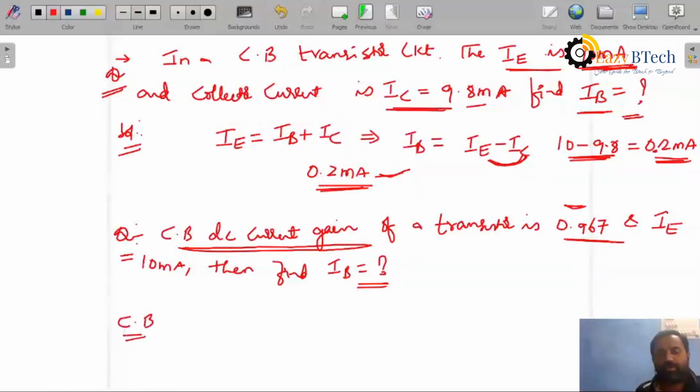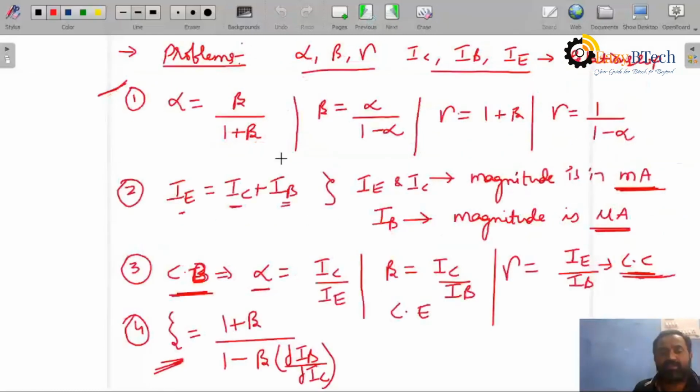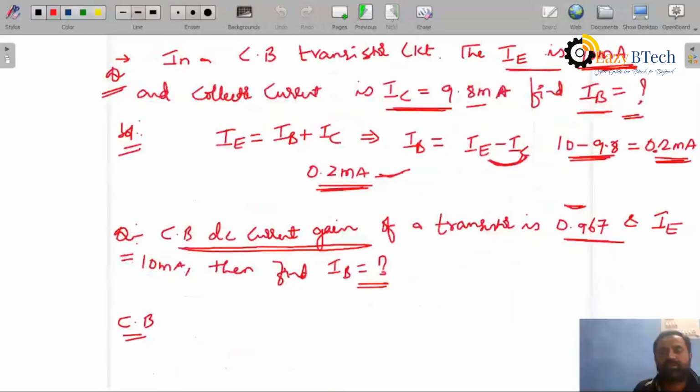Now students, you can clearly understand, he has given the common base DC current gain. For a common base configuration, as in the previous example, the DC current gain factor is alpha. Alpha is equal to IC by IE.